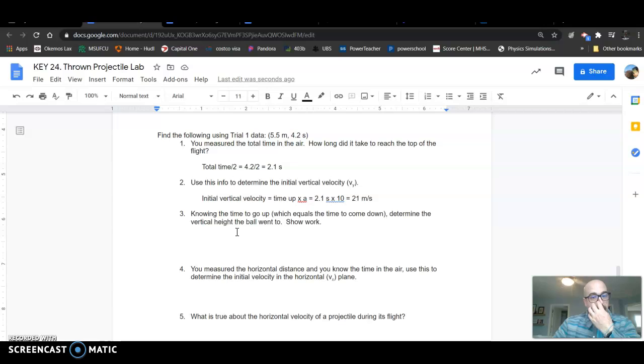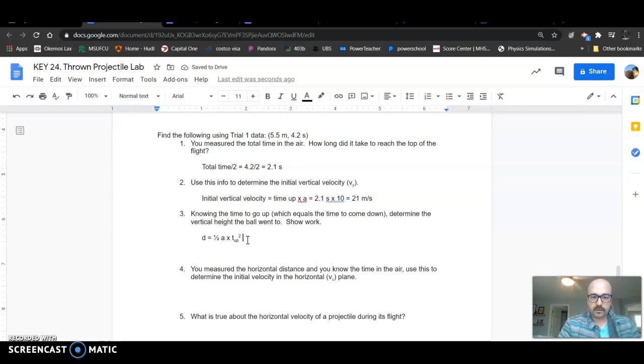Now, knowing the time up, which equals the time to come down, determine the vertical height the ball went to. So here's where we're using that distance. Distance equals 1/2 a times t squared. And I've got to make sure that here I'm using just the time to go up.